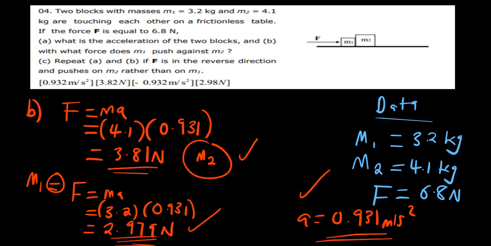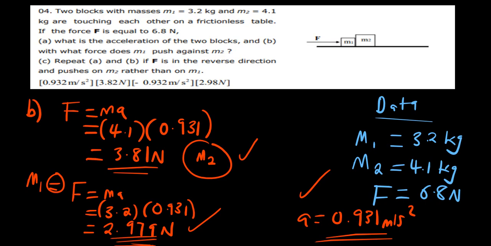Why is it pushing back? Look at the mass for B, it is 4.1, and the mass for A is 3.2. The mass for B is just greater, therefore the force pushing against A is greater.